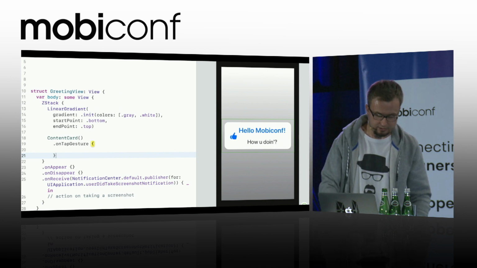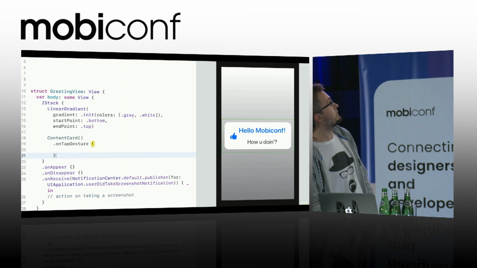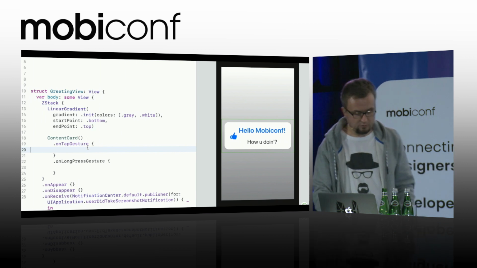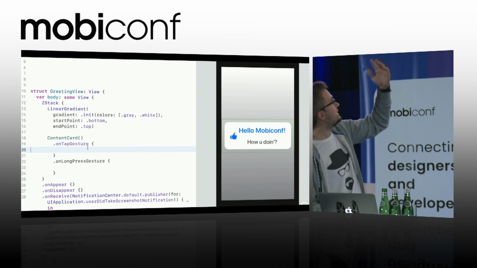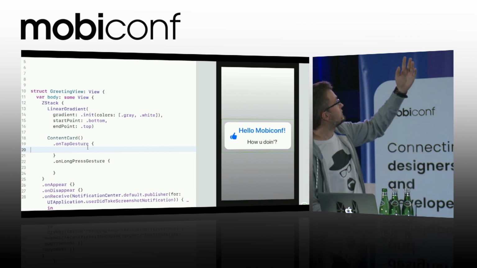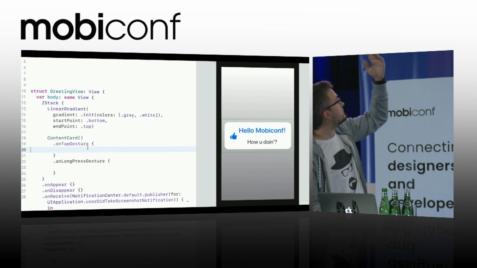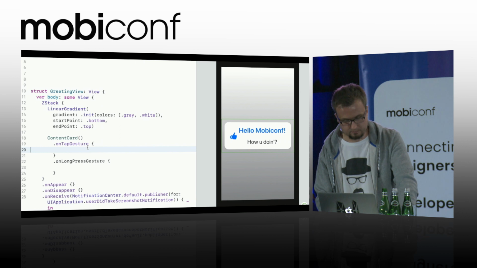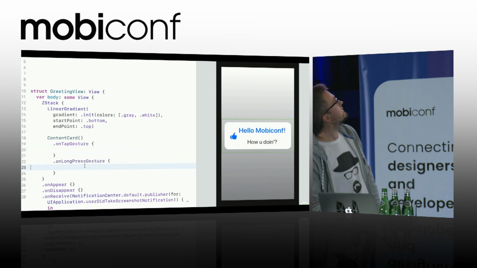This is all we need to react to tapping on this content card. We could also implement some other type of gesture, onLongPressGesture. It also works. We can see that it's aggregated in the same manner as the lifecycle events. They are tied strictly to the screen, to the view that we want this to be applied to, and there are the actions that we need to perform.